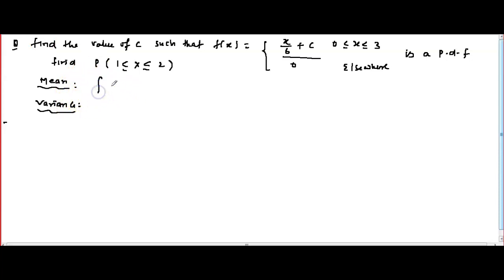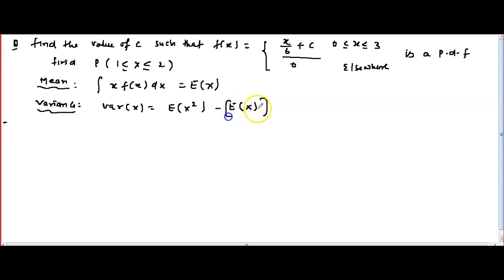But keep in mind the formula: mean is equal to the integral of x into f of x dx. That is your mean, here called expectation, and variance is equal to E of x square minus E of x whole square. Okay, we'll do it in another class, mean and variance questions also.